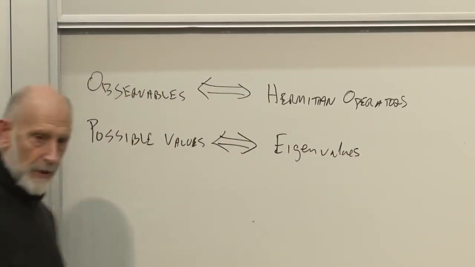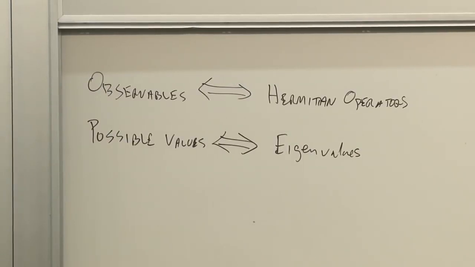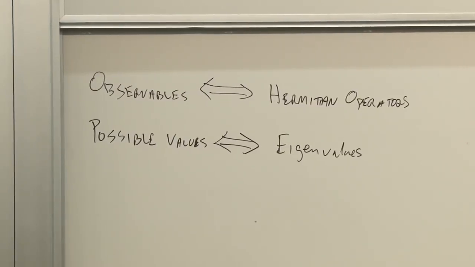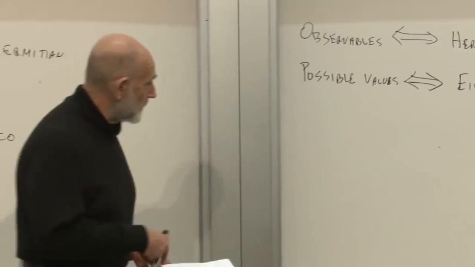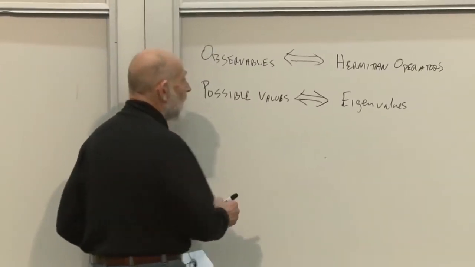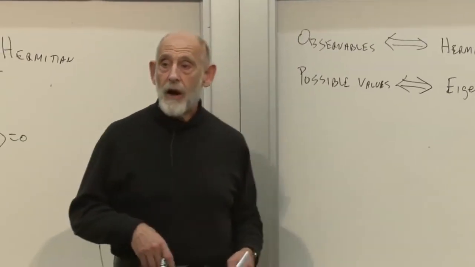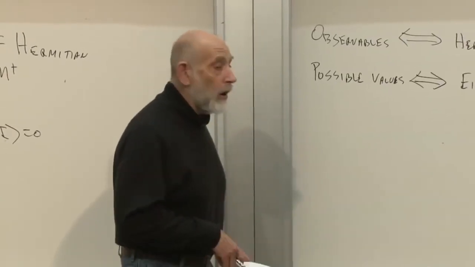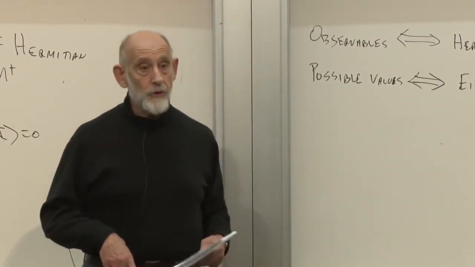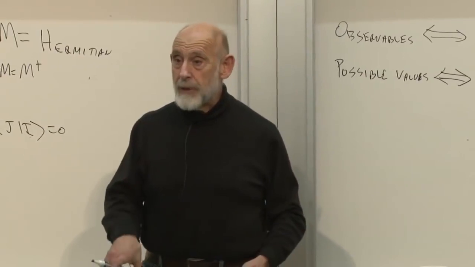They're real because the matrices are Hermitian. What about the eigenvectors? The eigenvectors correspond to states. The eigenvectors are the states in which the corresponding quantities are definite, in other words, in which the measurement of them is unambiguous.